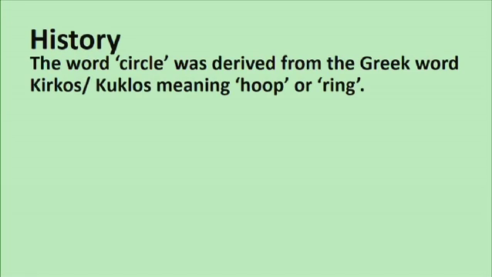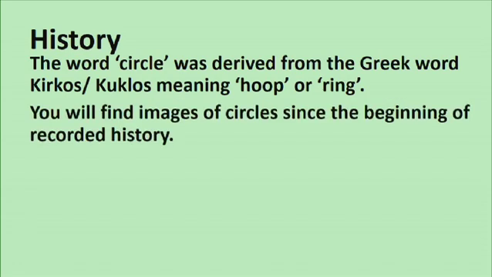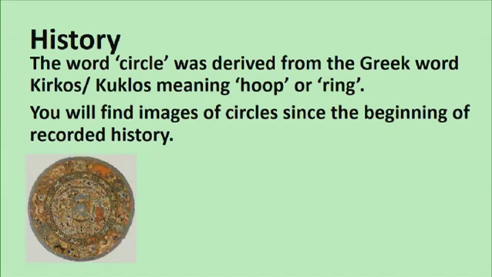A little bit of history. The word circle was derived from the Greek word kirkos or kyklos, meaning hoop or ring. You will find images of circles since the beginning of recorded history. This is a circular piece of silk with Mongol images from the early 14th century.